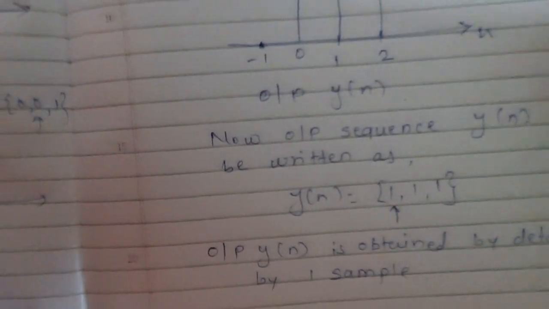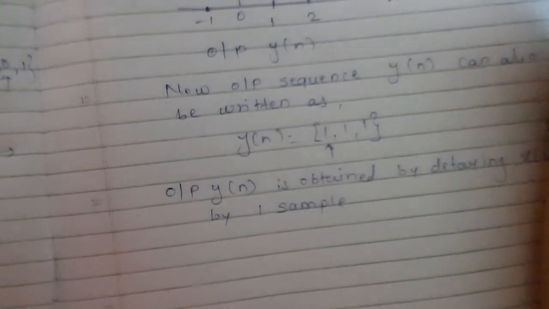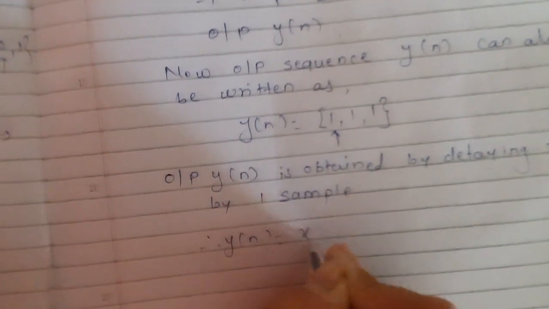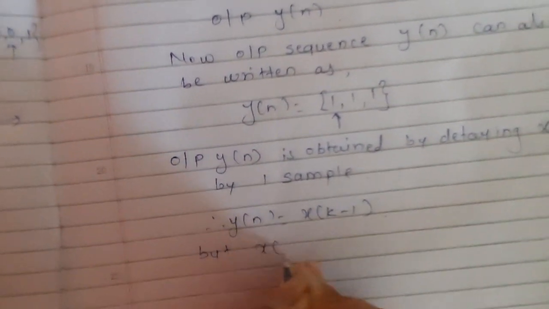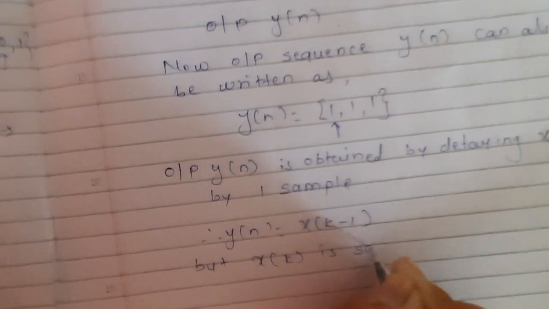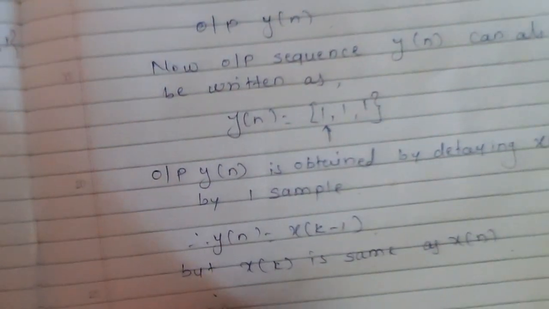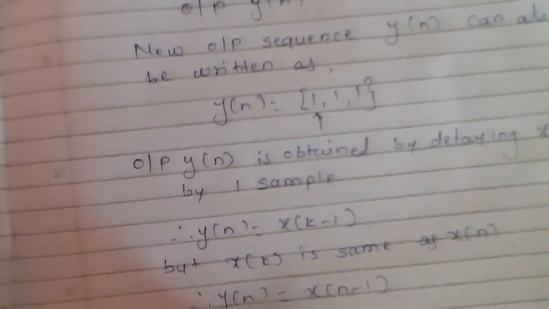So this can be obtained from the previous graph, that is the starting of this problem. So y of n is equal to x of k minus 1, but x of k is the same as x of n, so y of n is equal to x of n minus 1.